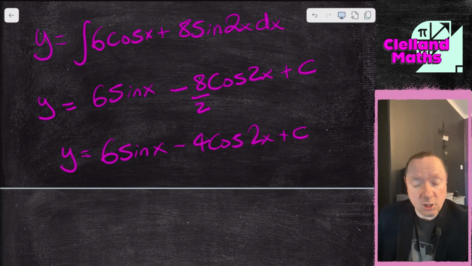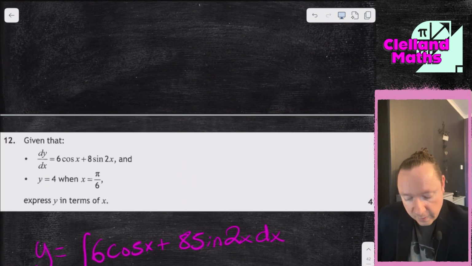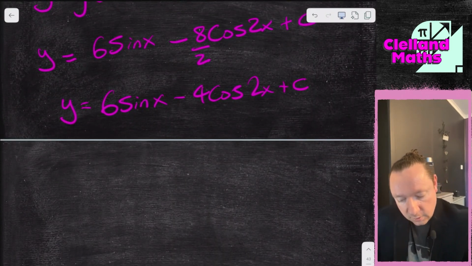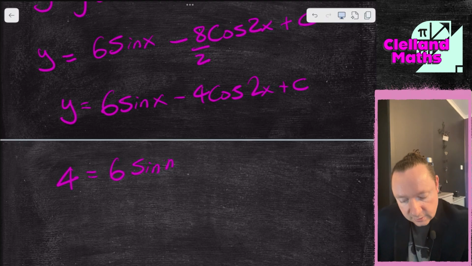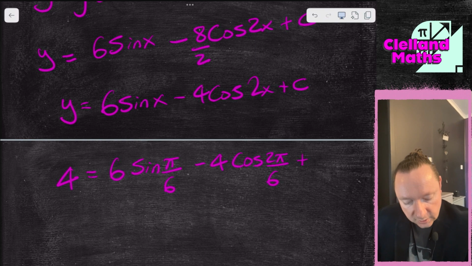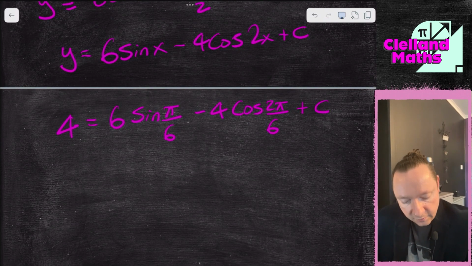But when we've got initial conditions, we're told that x equals pi over 6 when y is 4. So 4 equals 6 sine pi over 6 minus 4 cos 2 pi over 6 plus c. Exact value triangle.